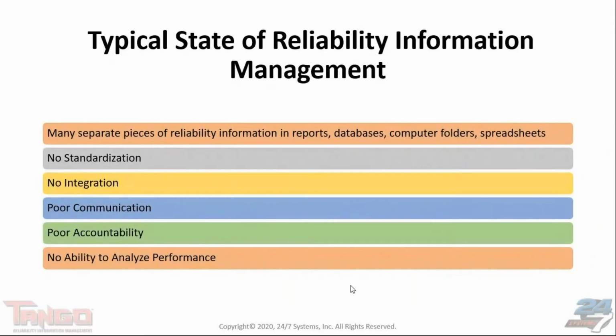Now, unfortunately, when you think about that volume of information, the typical state, and still far too many plant operations today, even when they are conducting a lot of reliability activities, is that we end up with a lot of that information in what I call islands of information.